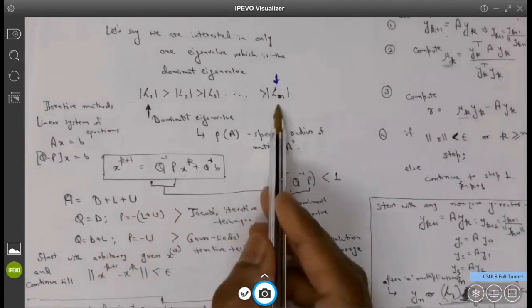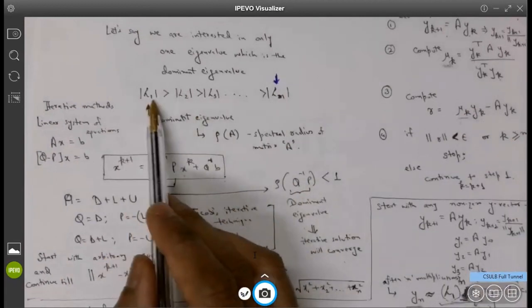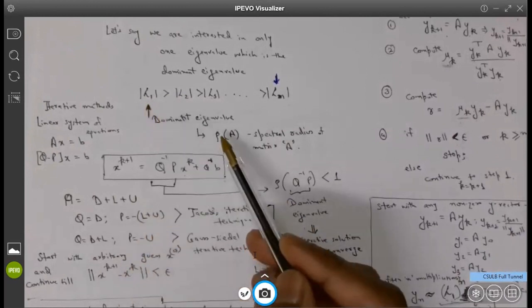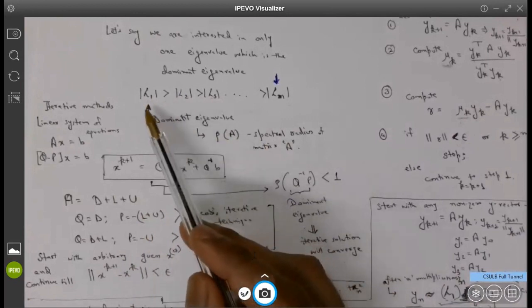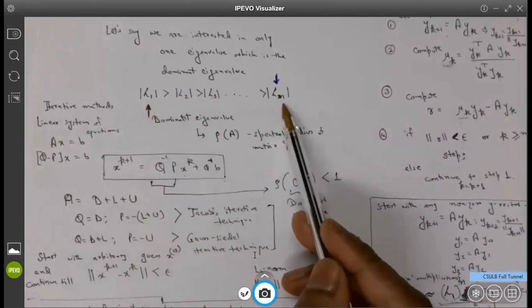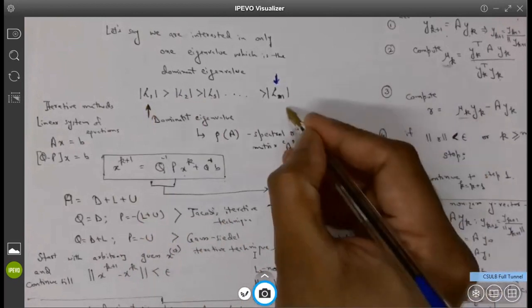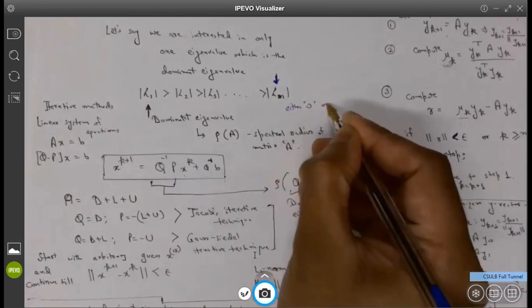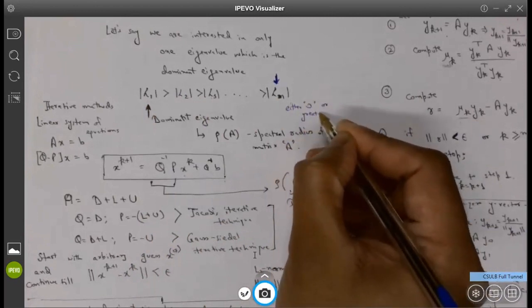If you arrange the absolute values of the eigenvalues in descending order, the maximum of that is called the dominant eigenvalue, and we saw we can find it using power method. Now, taking a slight variation of that, you can also find the least eigenvalue. The least eigenvalue can be either 0 or greater than 0. You guys agree with me?